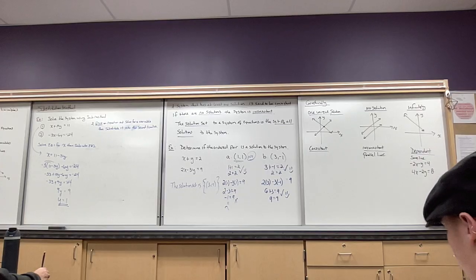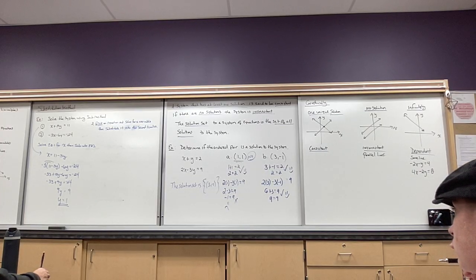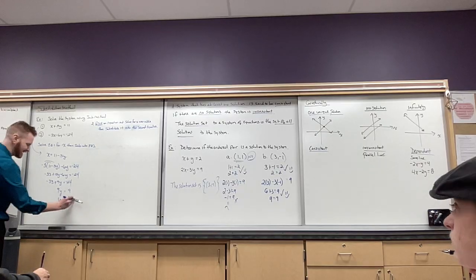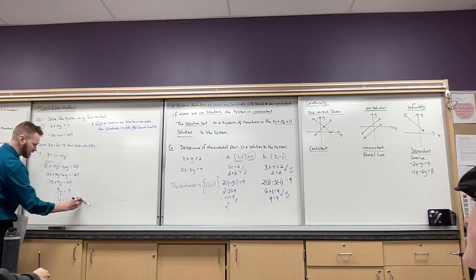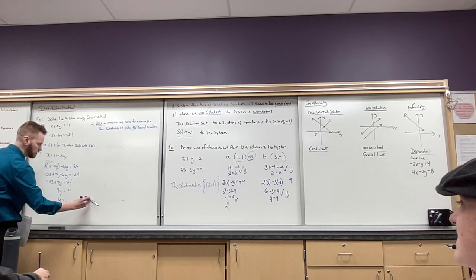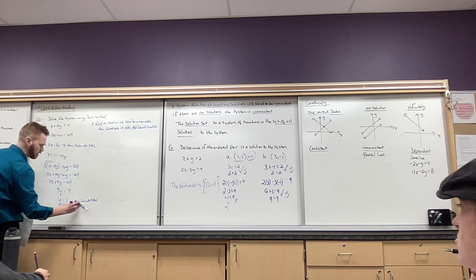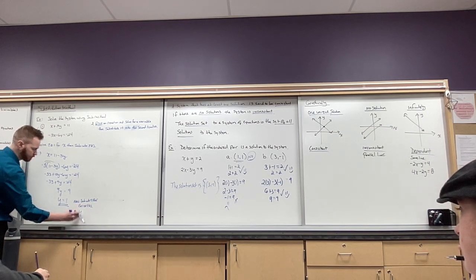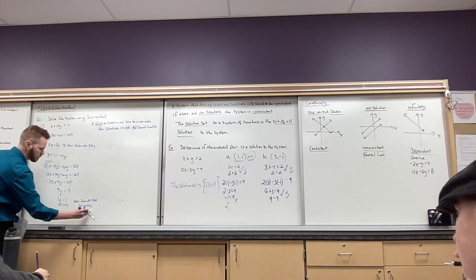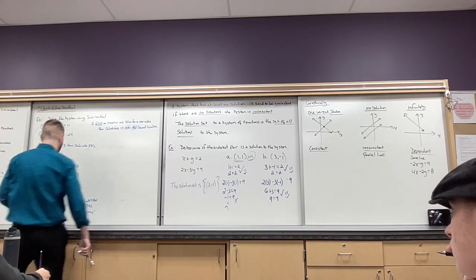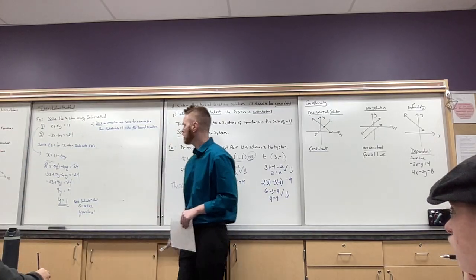Now that you have y, plug it back into any equation you'd like. I think equation 1's the easiest, so I'm going to substitute into either equation 1 or equation 2. Your choice. Okay, so let me flip over here now.